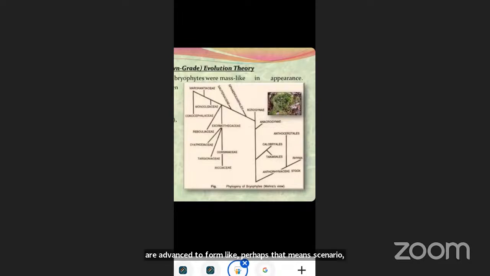The reproductive organs like antheridia and archegonia are developed on the gametophyte. To explain the evolution of gametophyte, two types of theories are there: the retrogressive theory and the progressive theory.